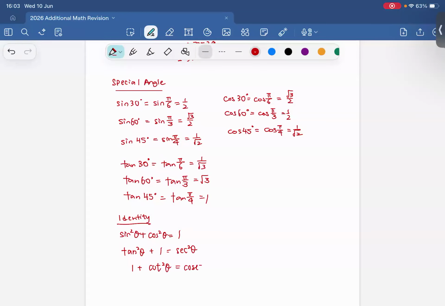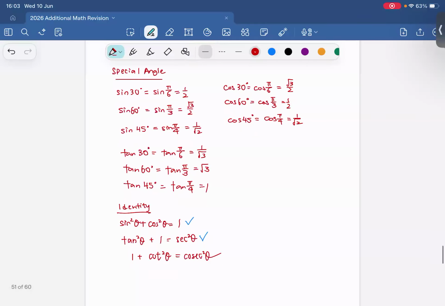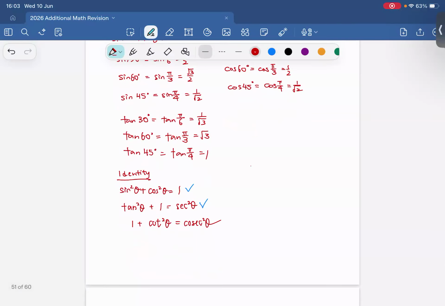For this one, these two are more important. And then you will have your double angle. For cosine 2 theta, there are three forms actually, but normally we use these two.